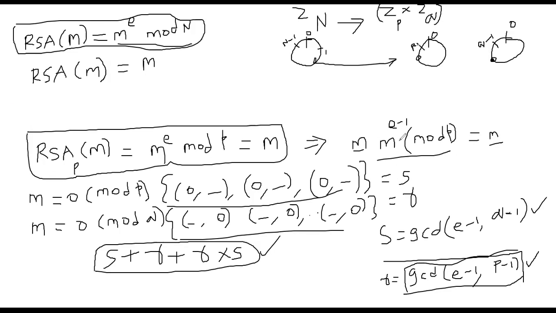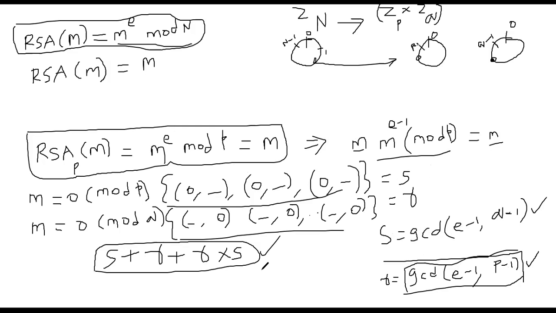Then I converted this into a linear congruence relation, and found that the linear congruence has R solutions for mod p and S solutions for mod q. That means there will be GCD of E minus 1, P minus 1 fixed points in mod p, and GCD of E minus 1, Q minus 1 fixed points in mod q.